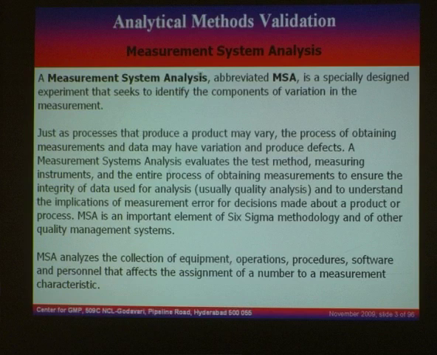MSA analyzes the collection of equipment, operations, procedures, software and personnel that affects the assignment of a number to a measurement characteristic. So let's have a quick look as to generally how they proceed in this investigation.